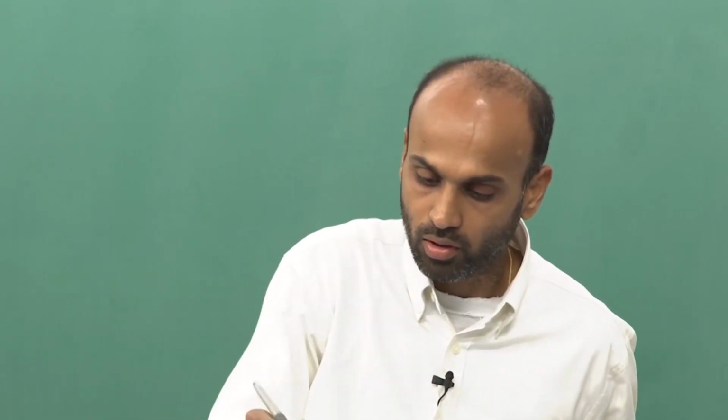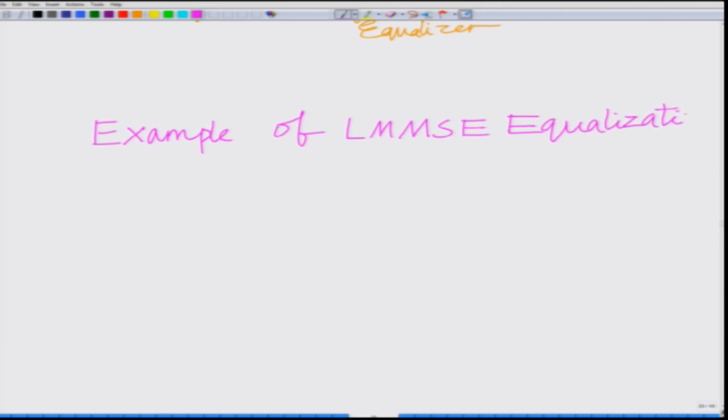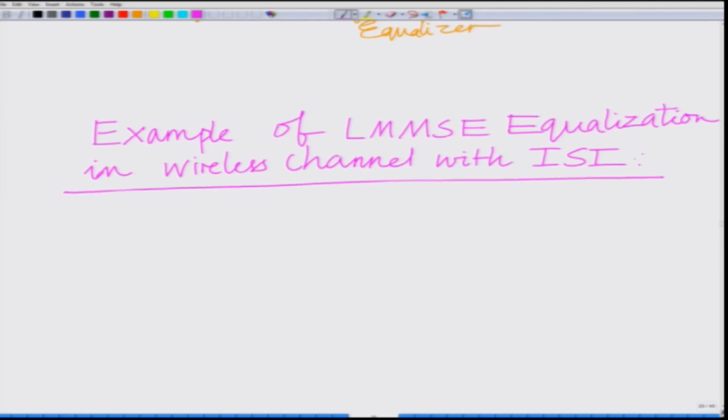So what we are going to do is introduce a simple example of LMMSE equalization in a wireless channel with ISI.